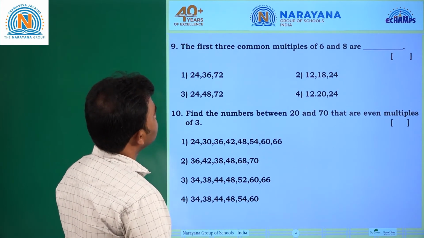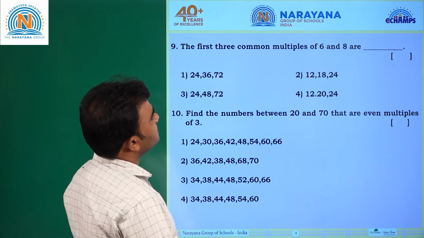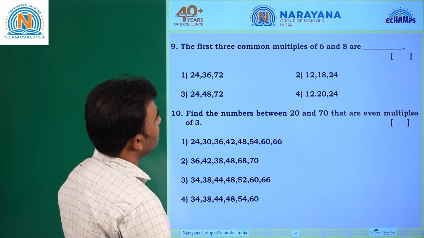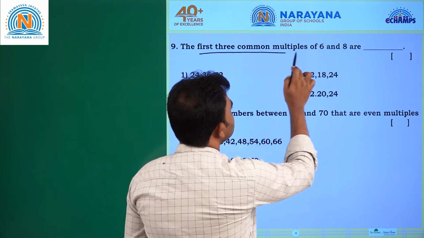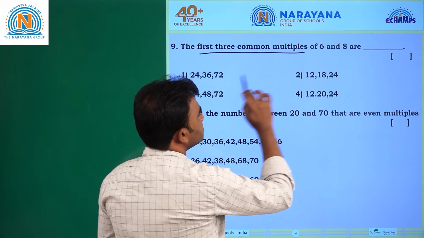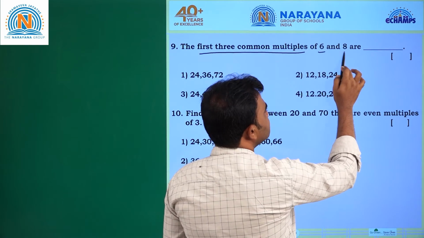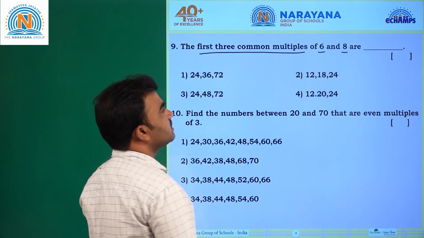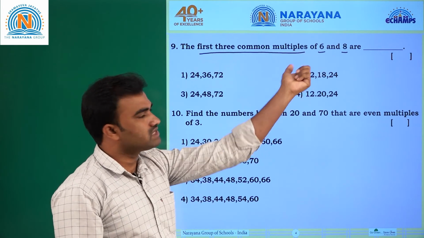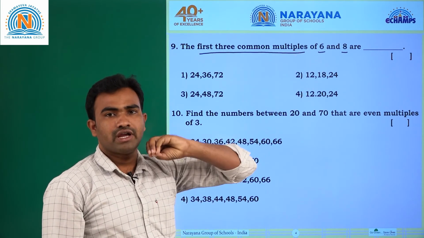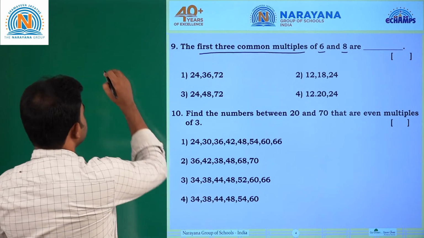Now the first 3 common multiples of 6 and 8 are, remember this, children, first 3 common multiples of 6 and 8. What are the first 3 common multiples of 6 and 8? First write the multiples of 6.